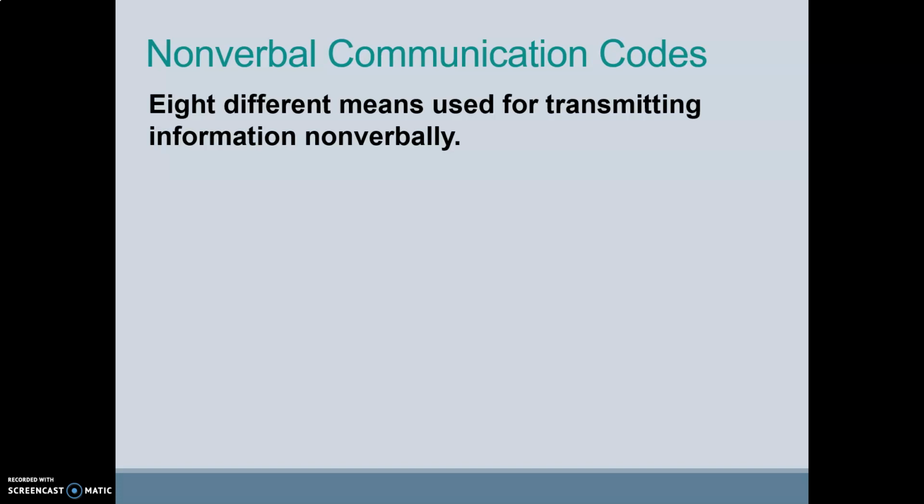I'll first go through these 8 types of code briefly, and then we're going to focus on 5 of them for today's class. The first type of nonverbal communication, we call it kinesics, and this includes all the body movement we could have, such as our body gesture and posture, the body movement, our facial expressions, and even your eye contact.